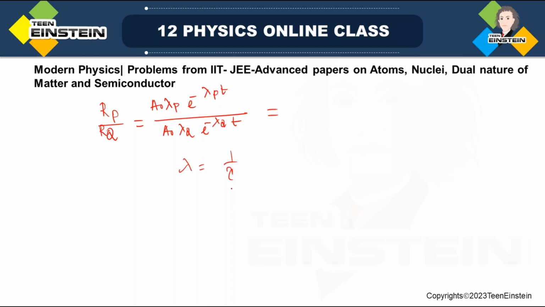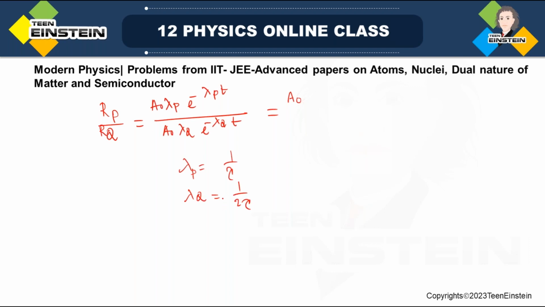So this is how it is defined. So we can just replace lambda with tau. In case of P, lambda p is 1 over tau, and lambda q is 1 over 2 tau.